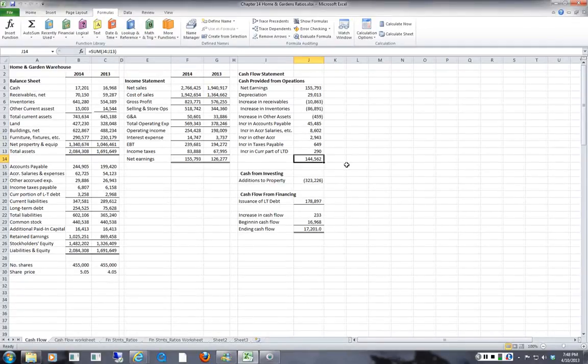And if there's a big disparity between those two numbers, then you want to take a look and find out what management's doing to make that happen.